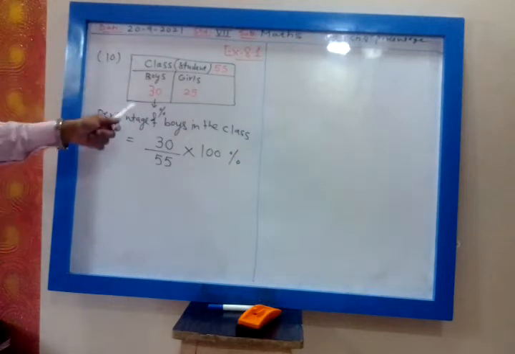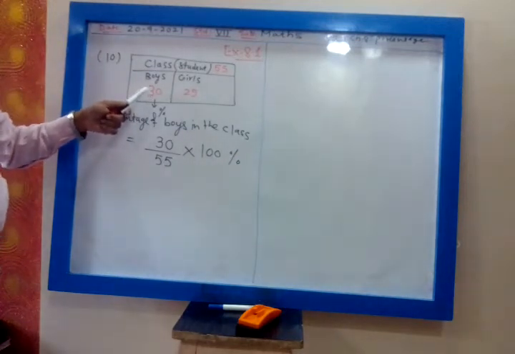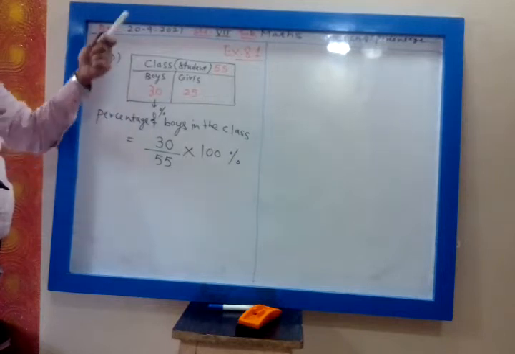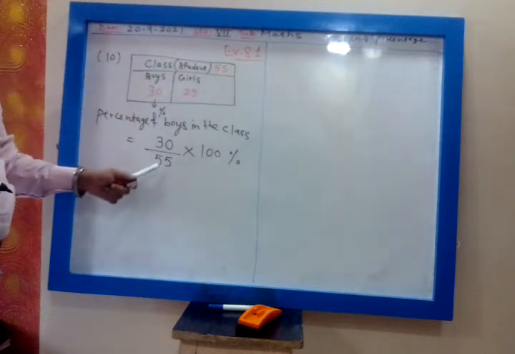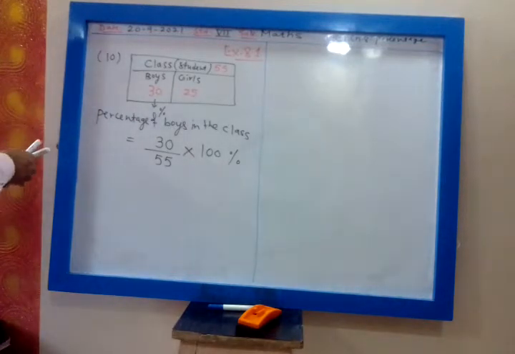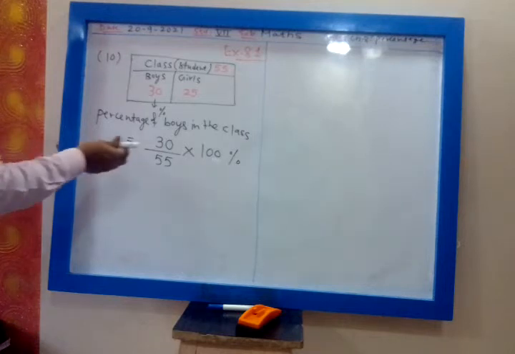So to find the percentage of boys, we are given the number of boys, 30, out of 55 students, multiplied by 100%. So that is 30 upon 55 into 100%. Now simplify.